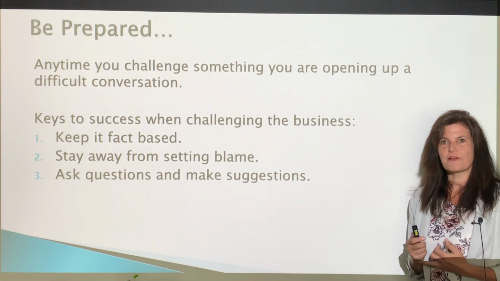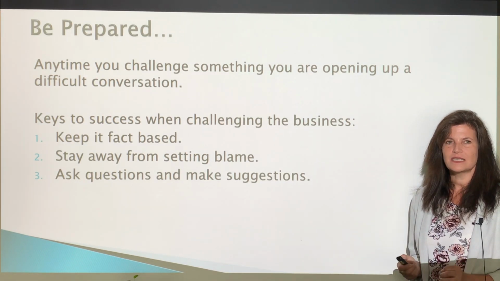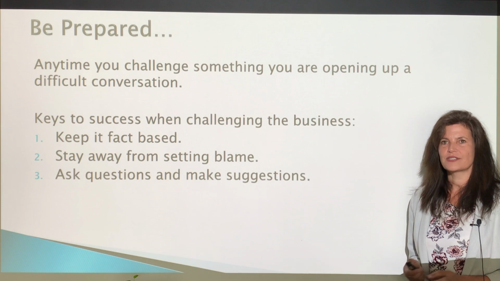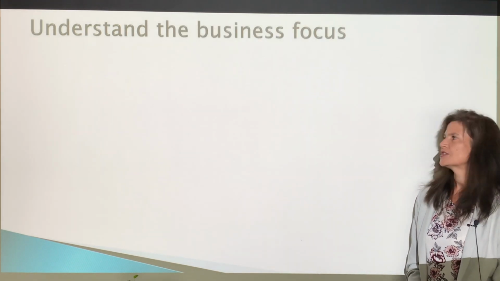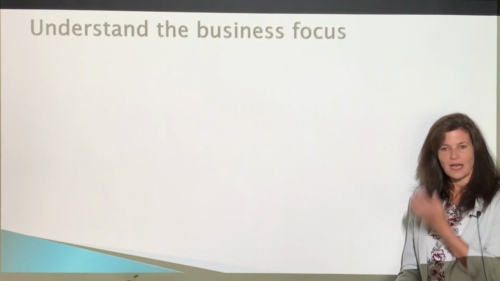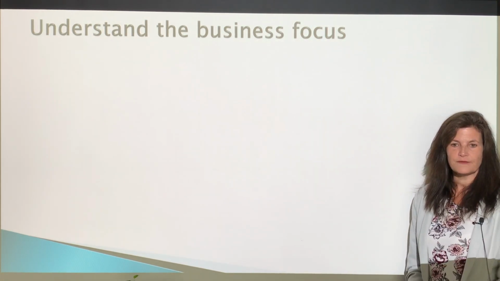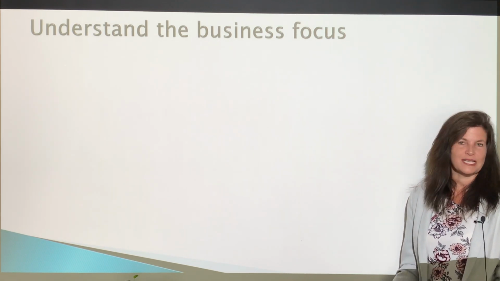I stay away from any kind of blaming, and I tend to ask a lot of questions and make little suggestions. So I might approach the executives with something like, what we have observed is there are areas that we believe are no longer bringing business value.